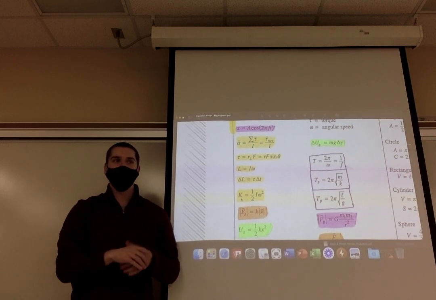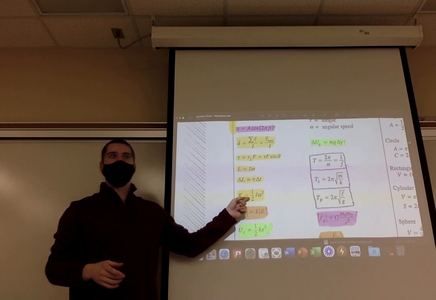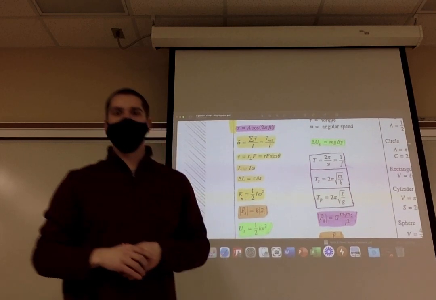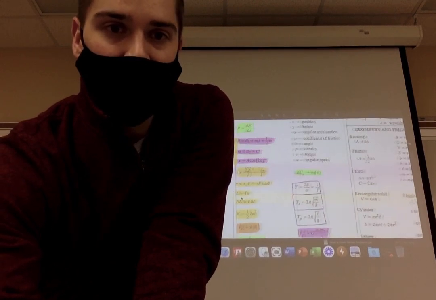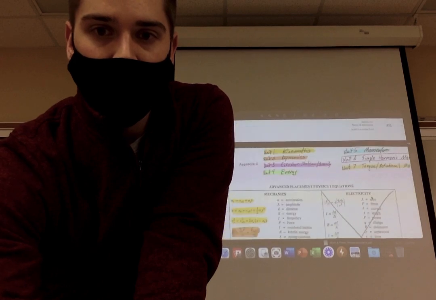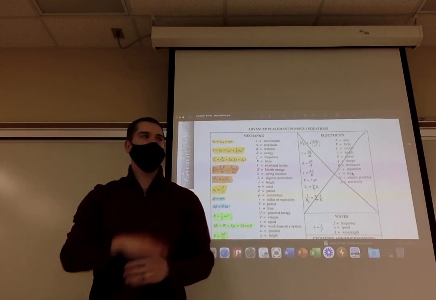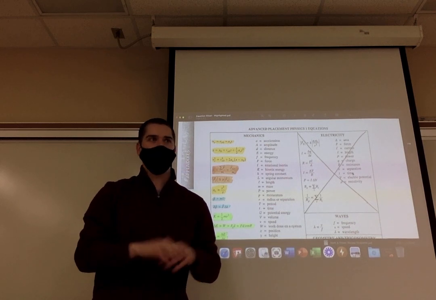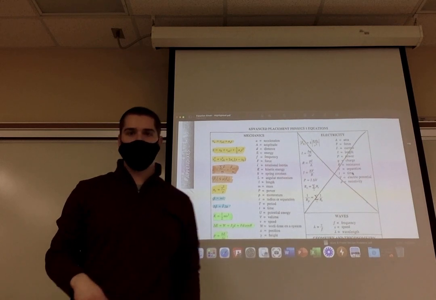Again, all these golden yellow, neon yellow, those are my unit 7. I crossed out electricity. We don't need to know about that. Units 8, 9, 10 aren't on the test. So I crossed all these out. We don't have to worry about them. I left the waves because sometimes those come back in the simple harmonic motion.